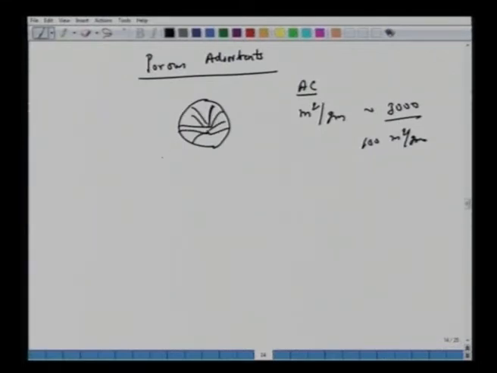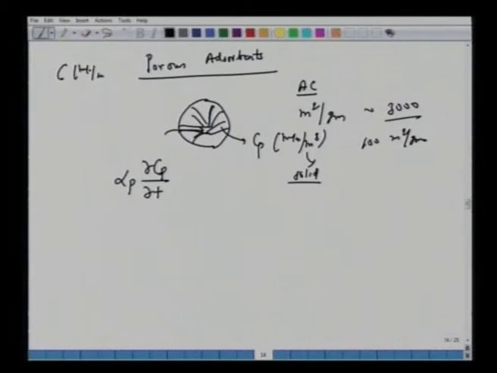Okay, so in this case one has to also write down the species balance inside, and that you can imagine would be another complexity here, say del Cp by del T. So now we are writing of Cp, moles per cubic meter of solid phase. Remember first we had C, moles per cubic meter of gas or the liquid phase, bulk phase.